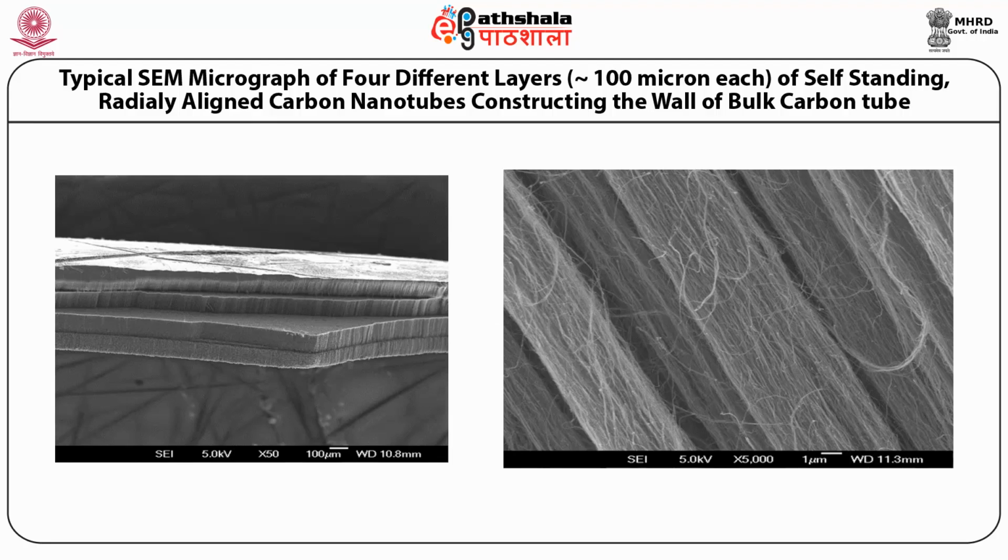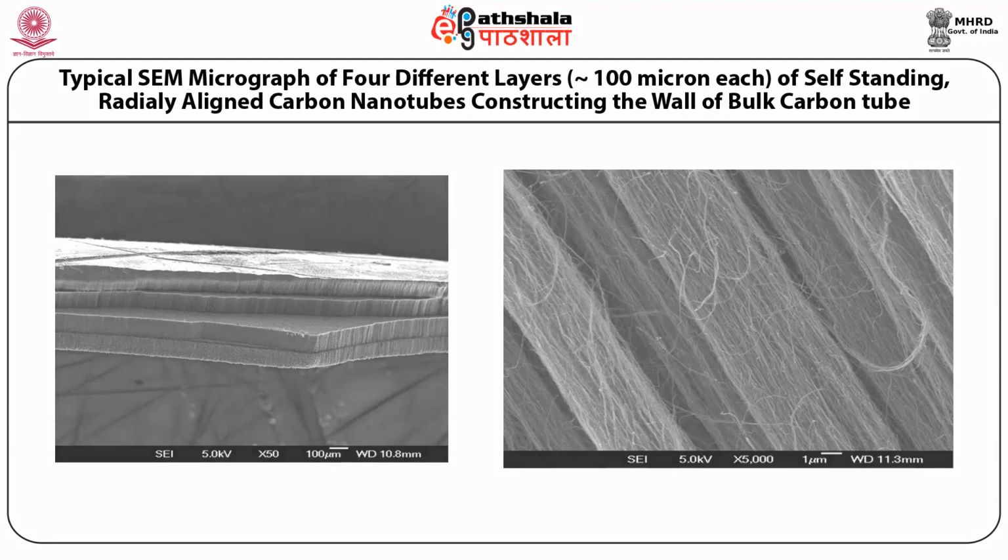If you zoom in, on the right side one can see very good quality nanotube bundles. Every bundle is around 100 micrometers thick, self-standing, and a wall has been constructed using these carbon nanotubes. So this is a new method by which one can produce a bulk tube made up of carbon nanotubes, which can be used for many applications like filters and others.